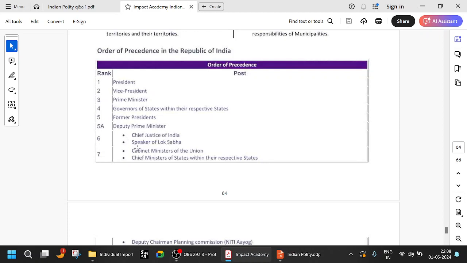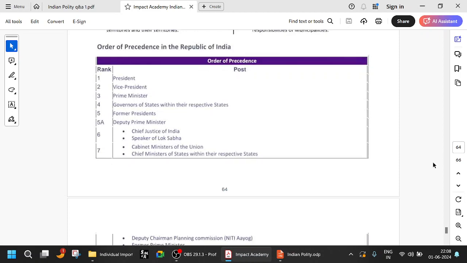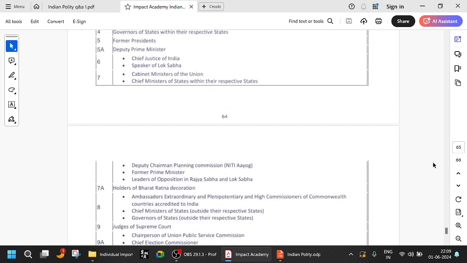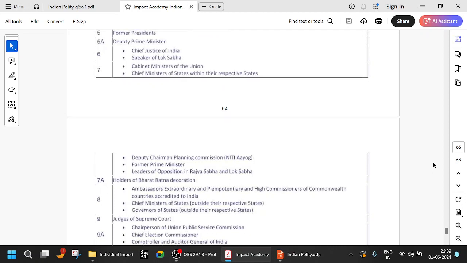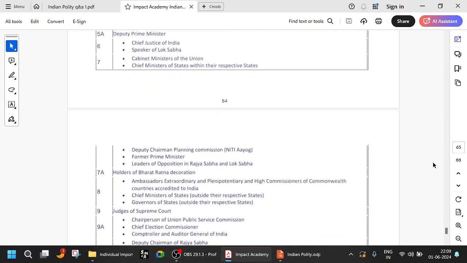Once you become the Speaker, you are put in the sixth position, which is very high, almost equal to the Chief Justice of India. Then you have the Cabinet Ministers and Chief Ministers of states within their respective states. So Chief Minister is almost equal to Cabinet Minister. And then you have Deputy Chairman, Planning Commission, currently Niti Aayog, former Prime Ministers, leaders of opposition in Rajya Sabha, etc. Even the leader of opposition is quite high.